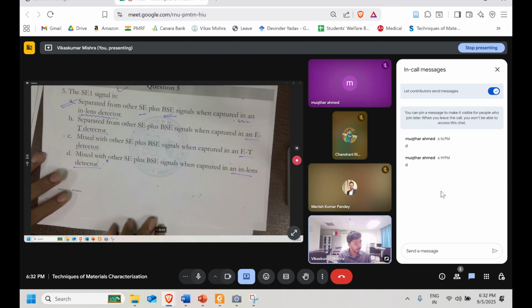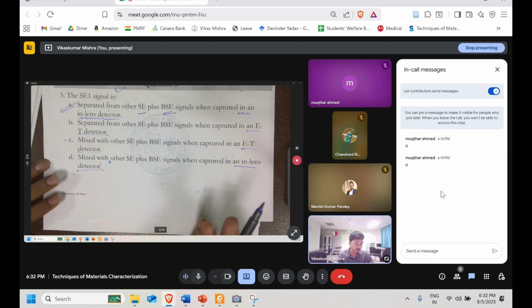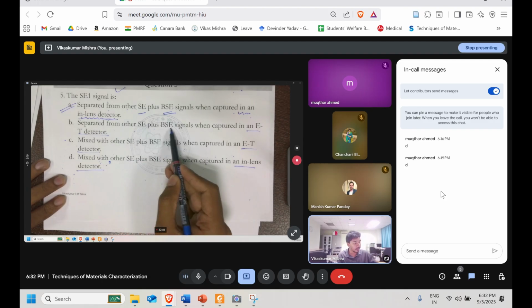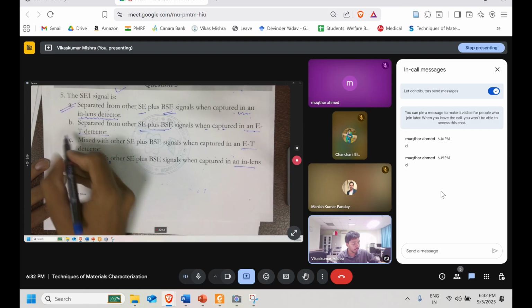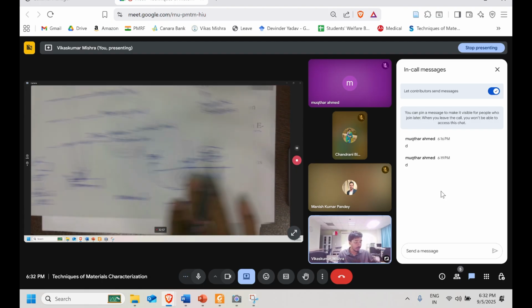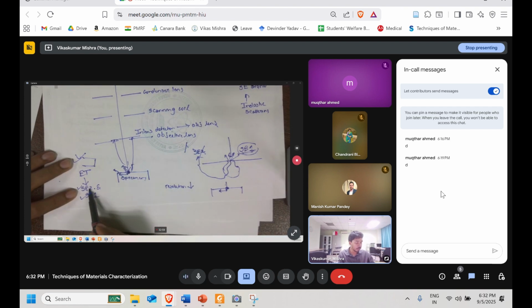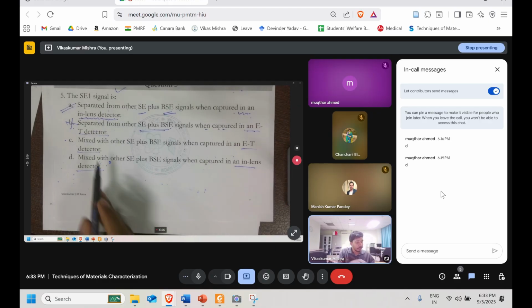Okay, let's see if a few other answers are right or not. Separated from the SE plus BSE signal when captured in the ET detector. This is incorrect. We are keeping it at a certain angle, and we know that it is a combination of SE2 and SE1. So it's not going to separate.